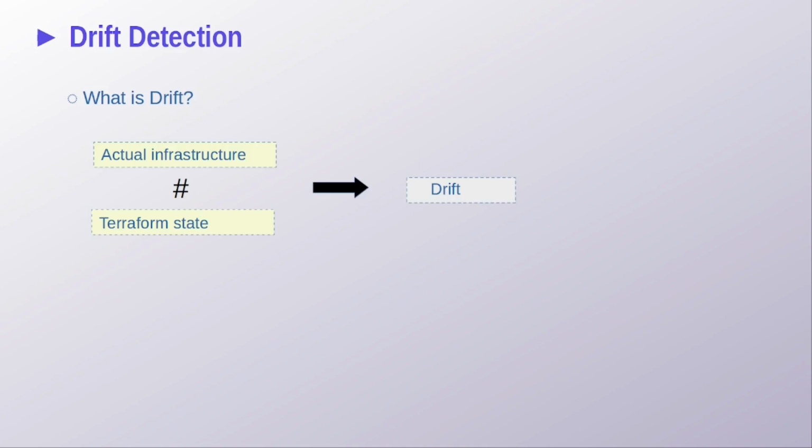Terraform state is now out of sync. How does Terraform detect drift? Terraform detects drift when you run terraform plan or terraform refresh. Terraform compares what it remembers and what actually exists.